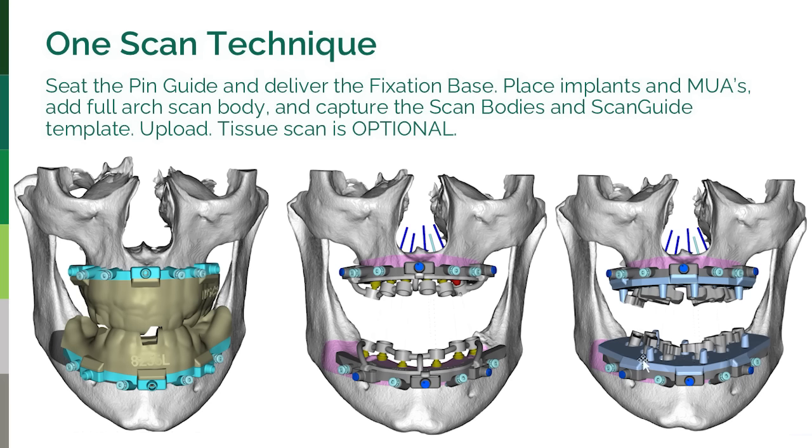So we mask it with the scan guide, and then you protrude the scan body through it and just perform a simple scan. All right, so in a lower, you're going to scan the scan bodies first, and with this particular system, you'll just go left to right, capturing the scan body, and then you just come around and capture the scan guide.